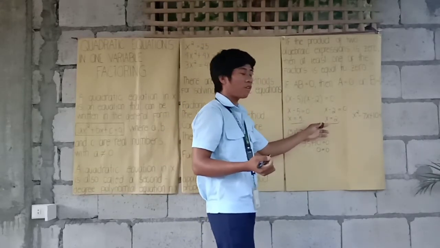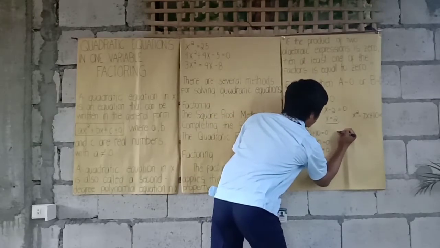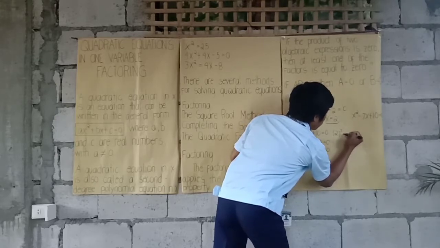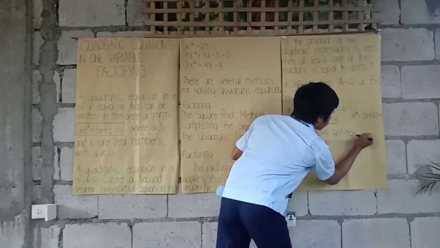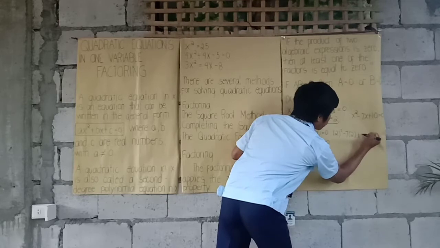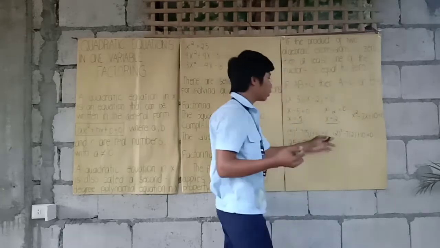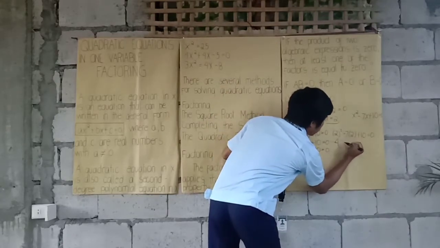So yung isa namang value ng x. So yung value ng x is 2. 2 squared minus 7 times 2 plus 10 is equal to 0. So 2 times 2 is equal to 4.